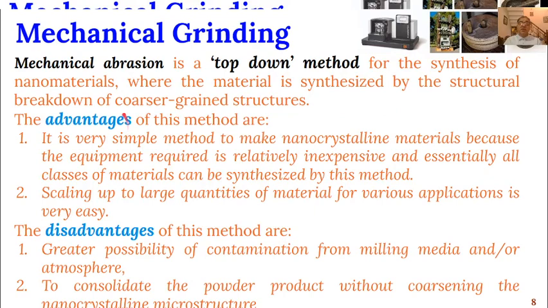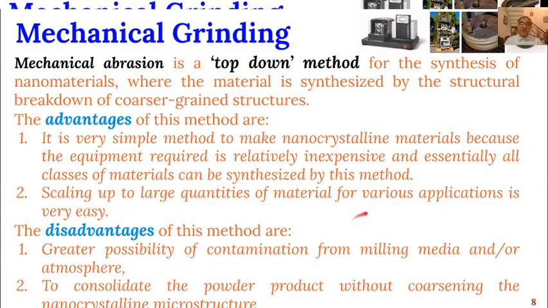And the advantage of this method is that it is very simple, and we can make nanocrystalline materials with very inexpensive equipment, and all kinds of materials can be synthesized by this method. And then another advantage is that we can scale up to large quantities of materials for various applications very easily by this method. So these are the two main advantages of mechanical grinding.